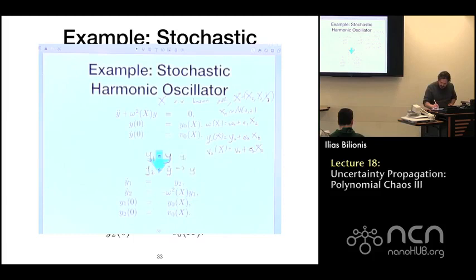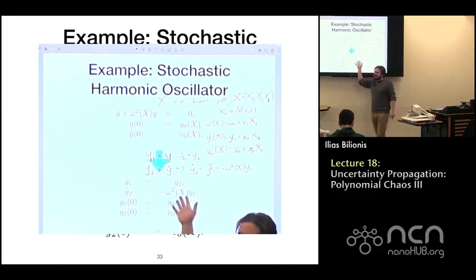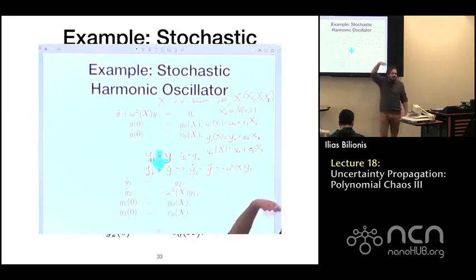Using this, you can now take the derivative. If you take the derivative of y1, you get y2, big deal. And if you take the derivative of y2, you get y double dot, which is minus omega square of x times y1. So this gives you a dynamical system whose solution is equivalent to the second order differential equation.